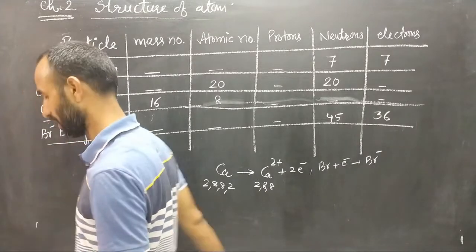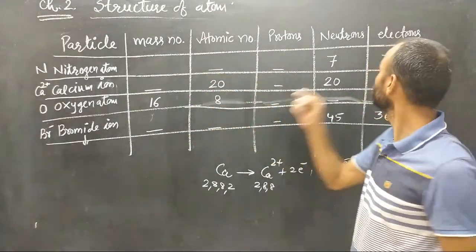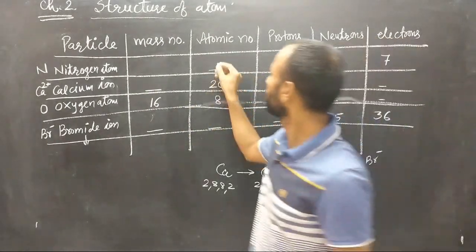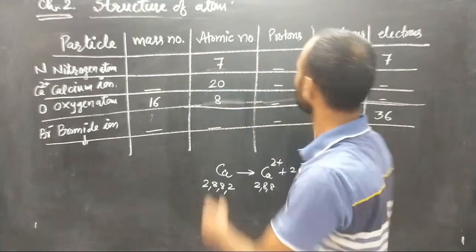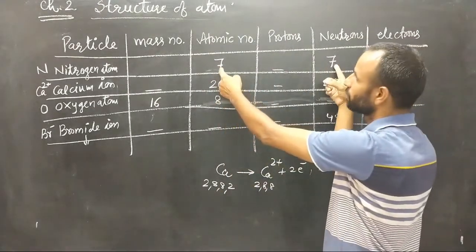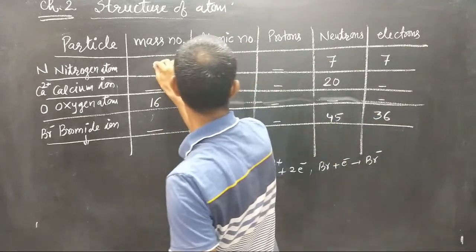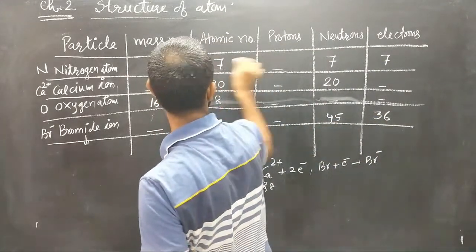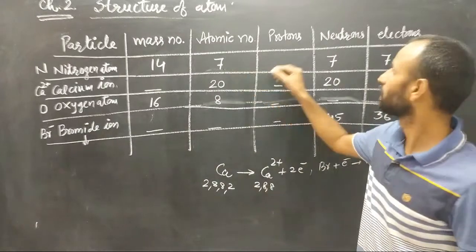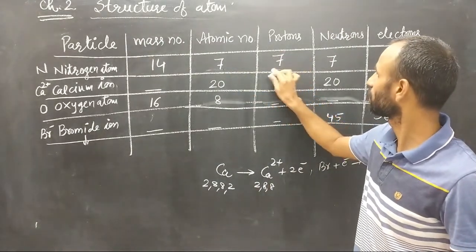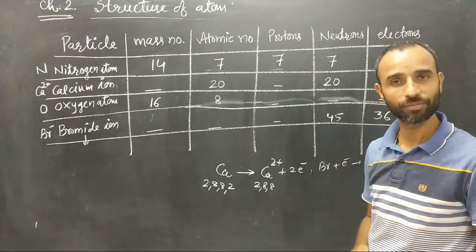This is nitrogen. It is a neutral atom, so number of electrons equals number of protons. So it is 7, and number of neutrons plus number of protons is equal to mass number, that is 7 plus 7, 14, and atomic number is the same as that of protons.